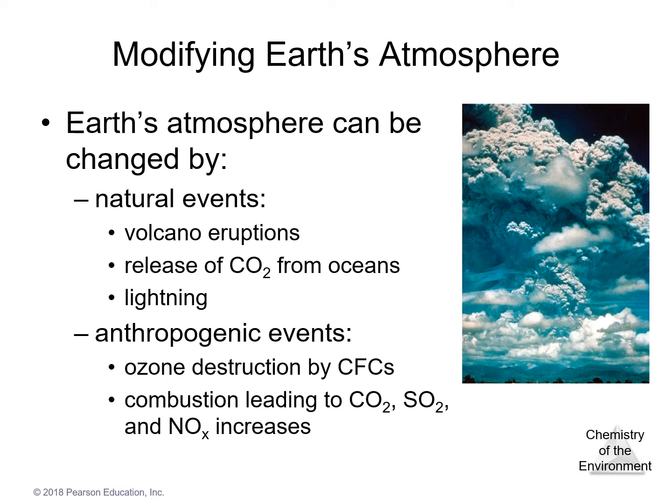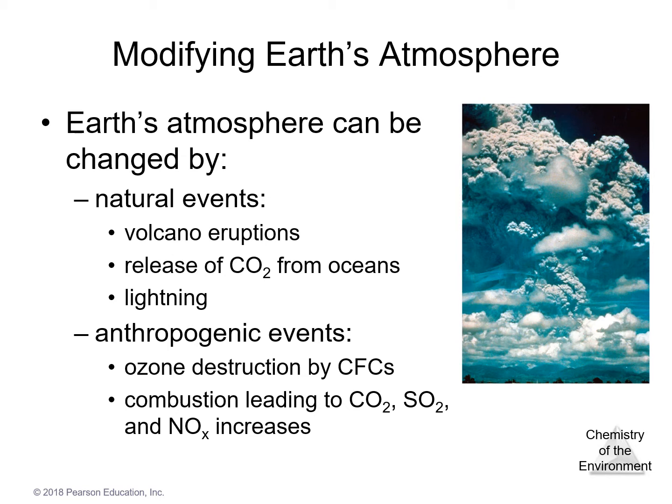Now, the Earth's atmosphere can be changed by natural events: volcano eruptions, releasing of CO2 from the ocean, and lightning. There are other things that can happen too. You can have ozone destruction by CFCs. You've got combustion leading to CO2, SO2, and nitric oxide that can increase.